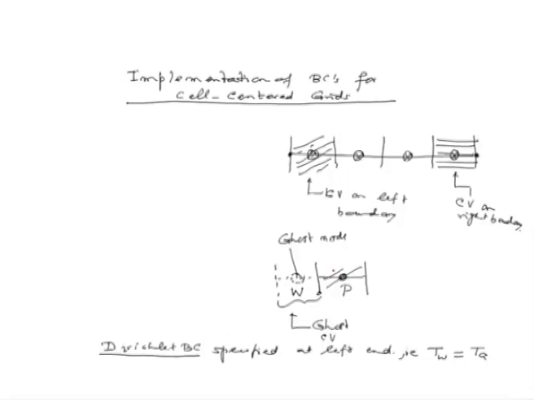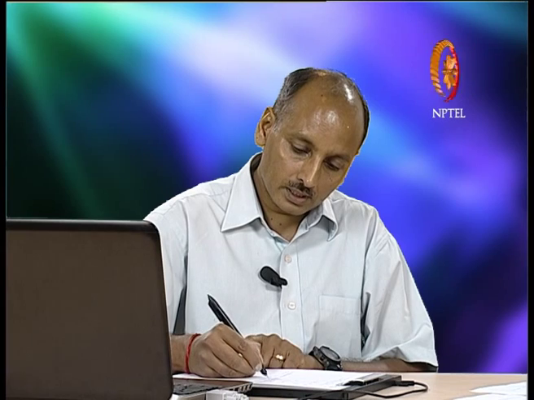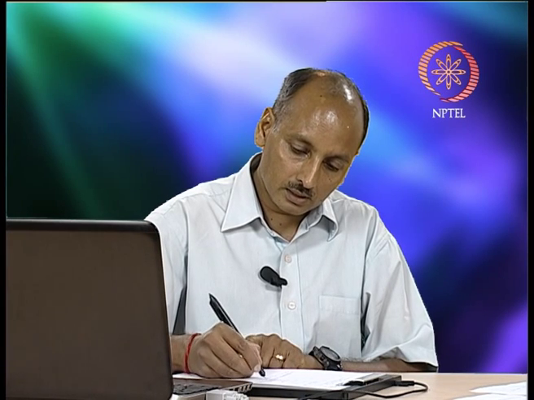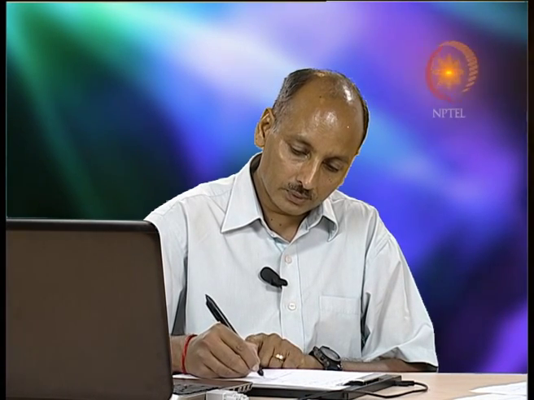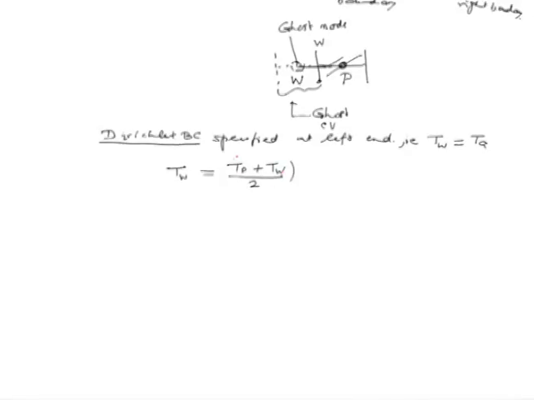We can make use of linear interpolation or averaging, and say that T at the west face of this control volume, Tw, is an average of Tp plus T capital W, divided by 2.